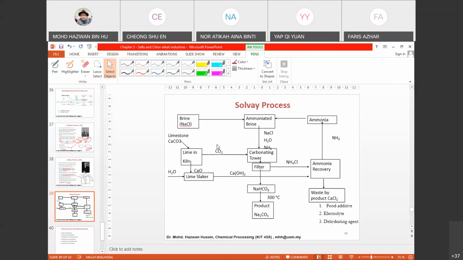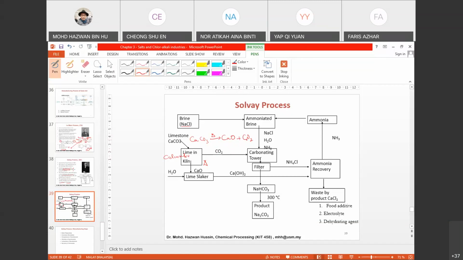But how you can produce CO2 is by heating limestone. Of course, over here you will do a heating process, because during heating or calcination, CaCO3 will be converted into CaO plus CO2, right?